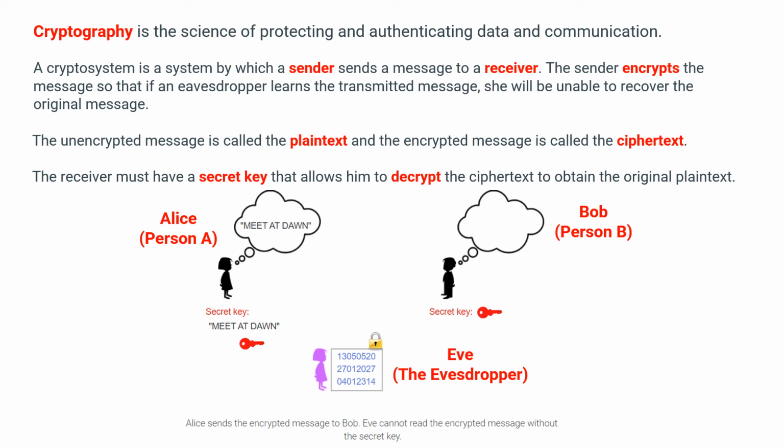Okay, so you see this little key under Alice and under Bob. They both have the secret key. So when Alice sends meet at dawn, Bob has that secret key, and he can unlock that message and knows that she's saying meet at dawn.